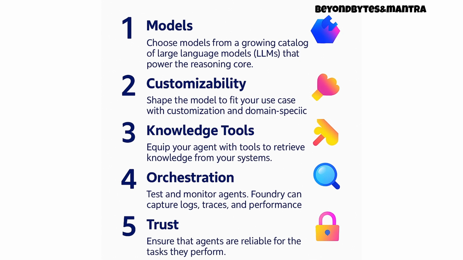Foundry can capture logs, traces, and performance. And trust is in terms of ensuring that agents are reliable for the tasks they perform. Apart from reliability, which you can get in terms of different scores like BLEU, ROUGE, and others, which Azure Foundry allows in-house, you can also have trust in terms of security, where your information is protected with Microsoft enterprise-grade security and high availability in terms of how you divide them across different availability zones and regions.